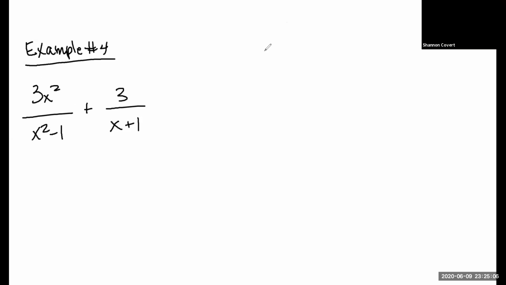I'm going to factor this denominator on my first fraction. x² − 1 is a difference of squares, so that factors into (x + 1)(x − 1). So my lowest common denominator is (x + 1)(x − 1). That second fraction is missing the x − 1, so I will multiply top and bottom times x − 1.